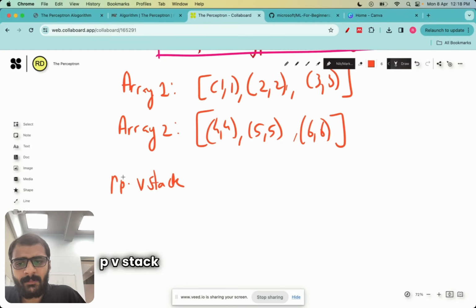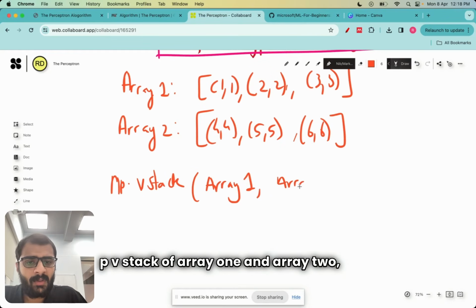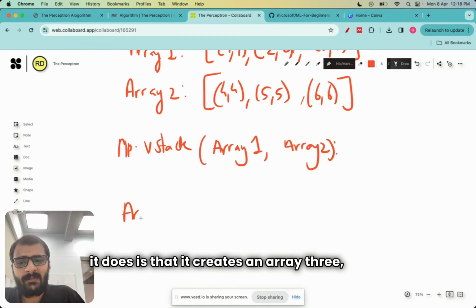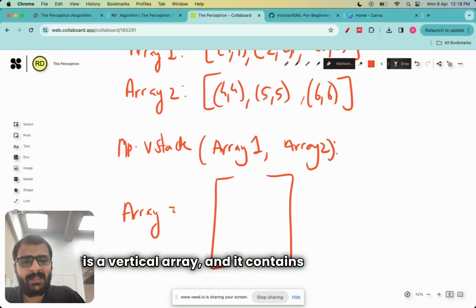So np.vstack of array 1 and array 2 creates an array 3, which is a vertical array, and it contains 6 elements.